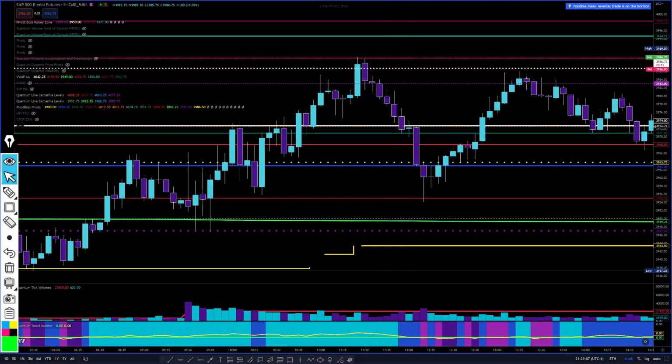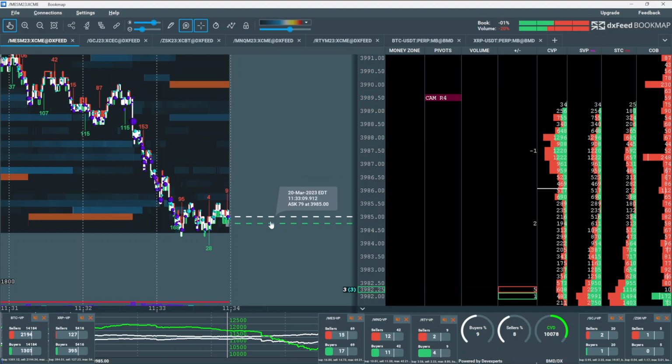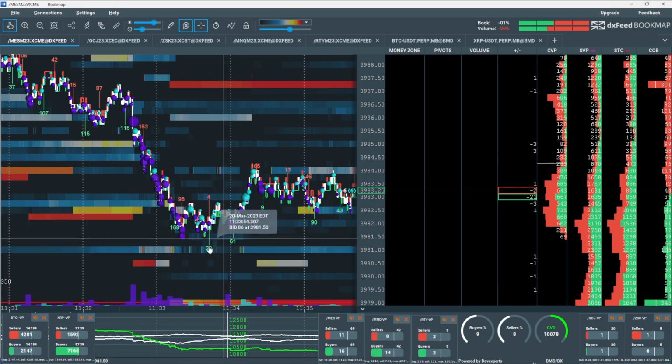So let me go over to Bookmap. Right, 39.83, 11:40. We're pushing down, got the Camarilla R4 rejection.